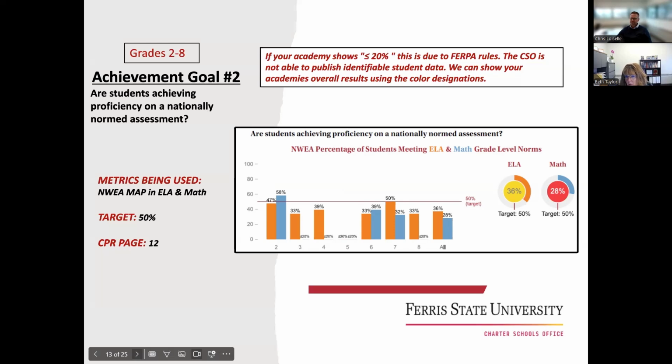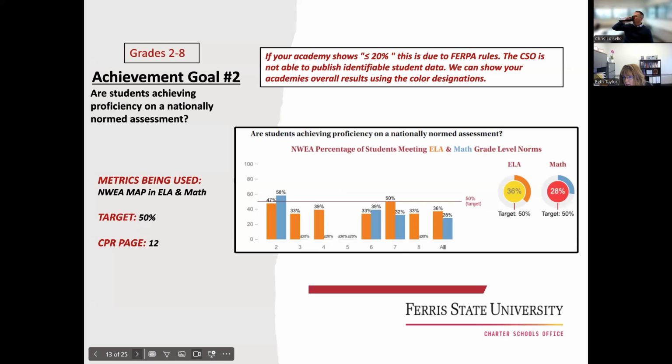Under achievement goal number 2, are students achieving proficiency on a nationally normed assessment? We use the NWEA MAP in ELA and math. All academies have the same target of 50%. This is found on page 12.